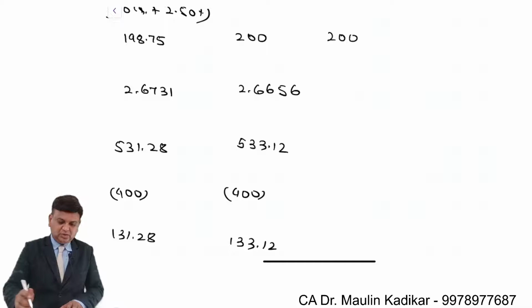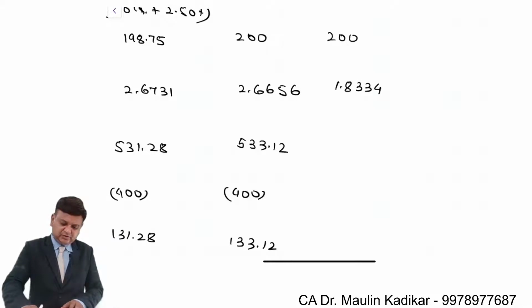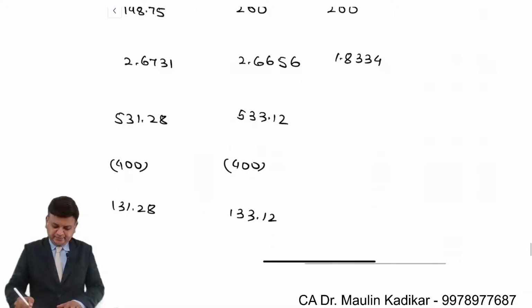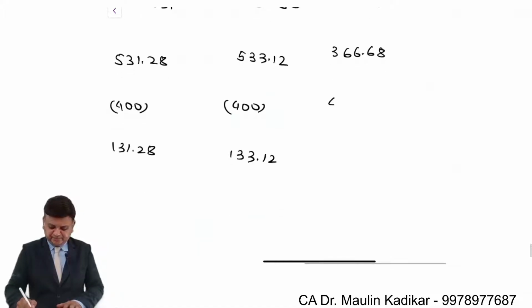1, 2, 1.8333. 1.8334 into 200. So 366.66 minus 400.